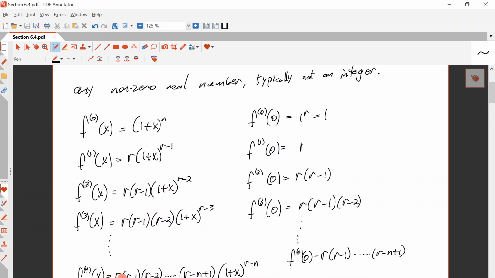The nth derivative is r times r minus 1, r minus 2, all the way down to r minus n plus 1.